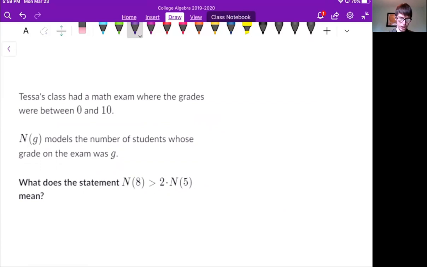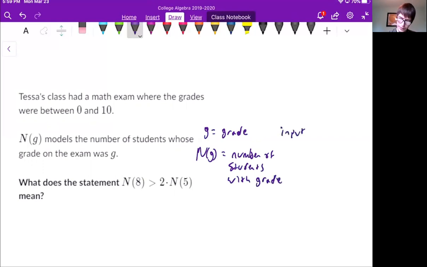Given a G, or a grade, N of G is the number of students that got that grade. Interesting. So the input is the grade, and the output is the number of students that got that grade.